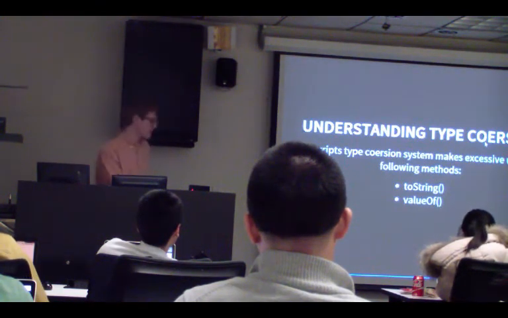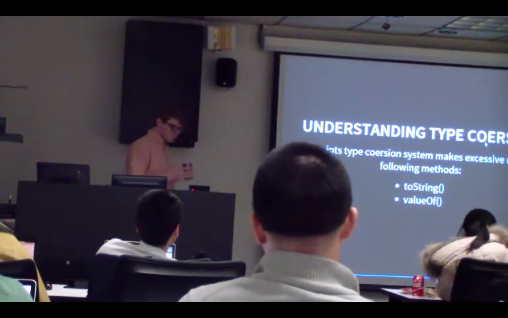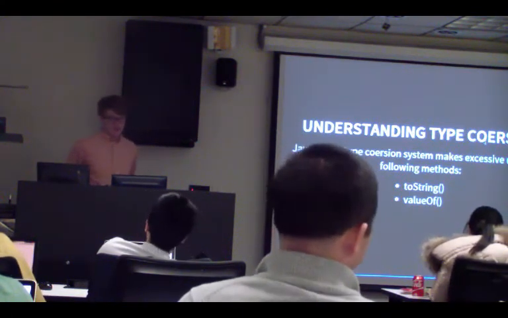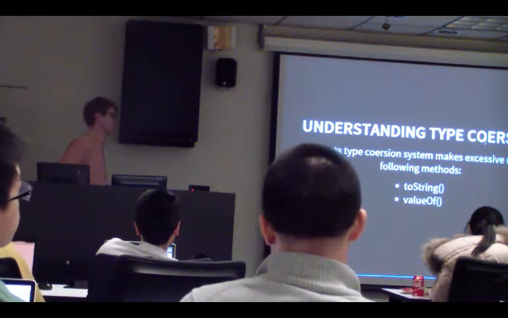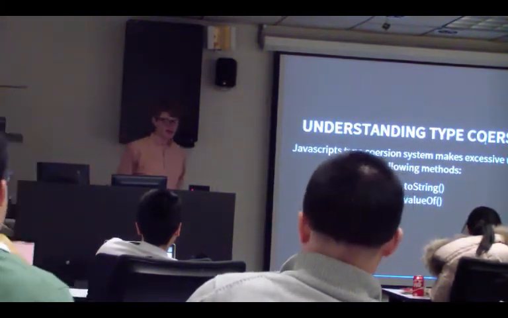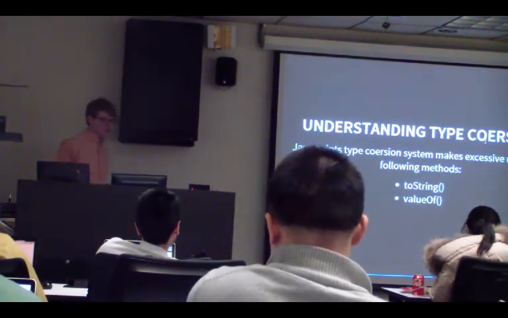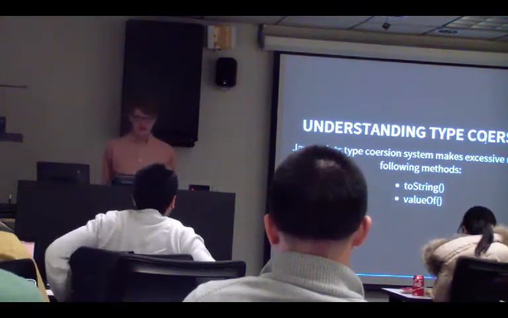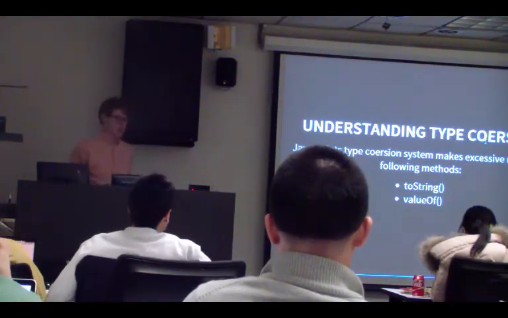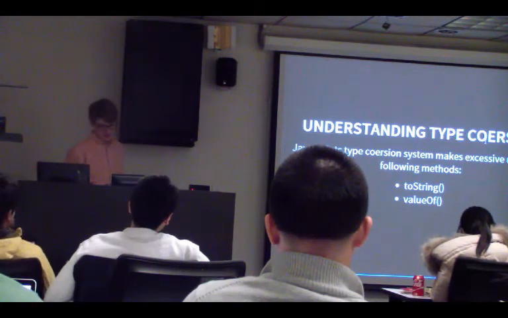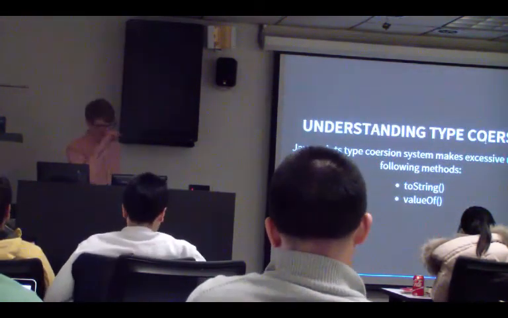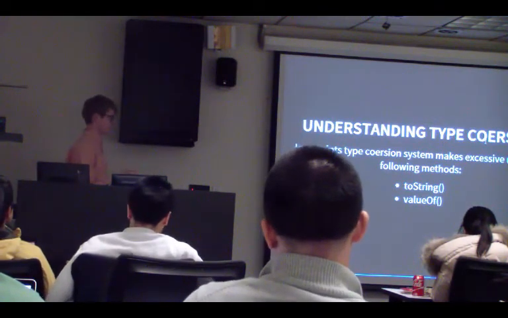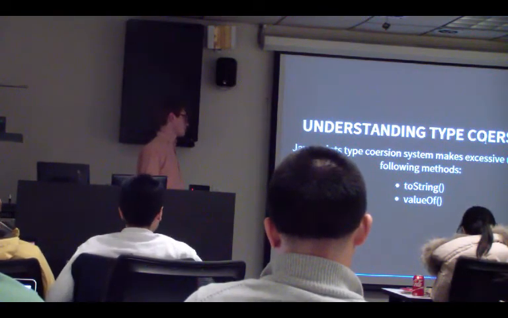Before we get into understanding what's actually going on there, we're going to talk about two important methods in JavaScript. All objects except for null have these two methods: toString and valueOf. The JavaScript type system makes excessive use of these methods to determine how to coerce the values. toString should always return a string.